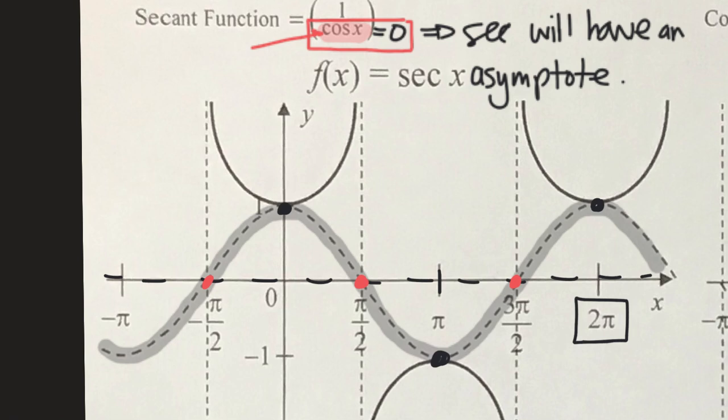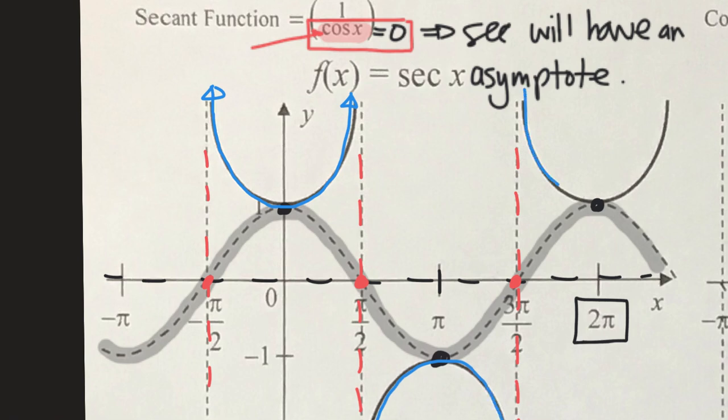Okay, so as you see, everywhere we have a 0 for cosine, your secant graph has asymptotes. This is going to be an important part of how we sketch our graph: we find the zeros of your cosine and we put in asymptotes wherever those happen to be. Something else hopefully you notice is the graphs go up, in a parabolic way, from a maximum point, and they go down at a minimum.